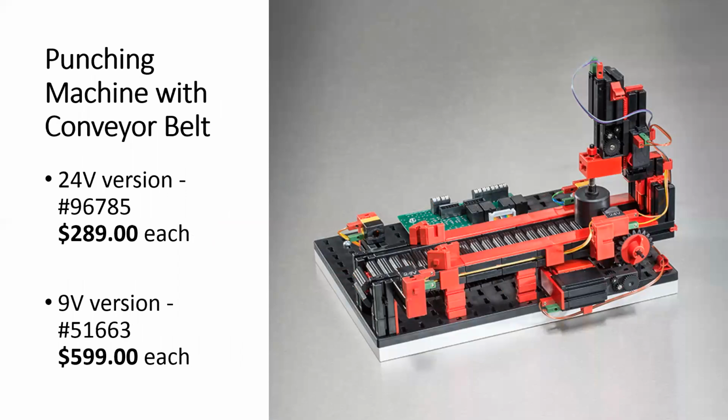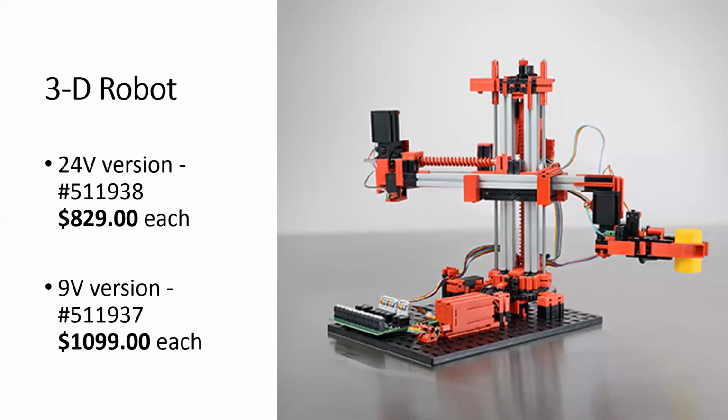The punching machine with conveyor belt in the 24-volt version, $289 per unit. In the 9-volt version, $599 per unit. The 3D robot in the 24-volt version is $829 per piece. In the 9-volt version, it's $1,099 each.